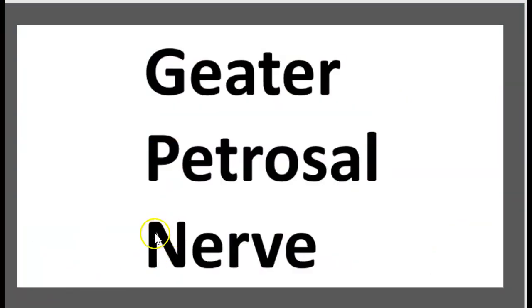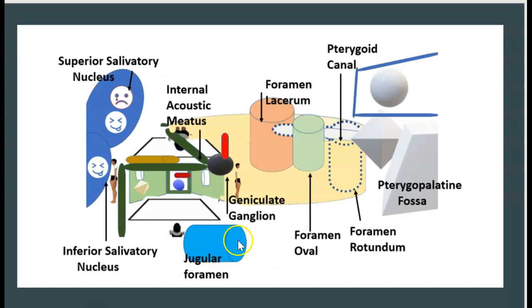Let's move to the greater petrosal nerve. To understand the greater petrosal nerve, we need to learn some anatomic landmarks. First of all, the superior salivatory nucleus, then the internal acoustic meatus and geniculate ganglion. There is the middle ear, of course, and the petrous part of the temporal bone with the foramen lacerum, the foramen ovale, and the foramen rotundum.